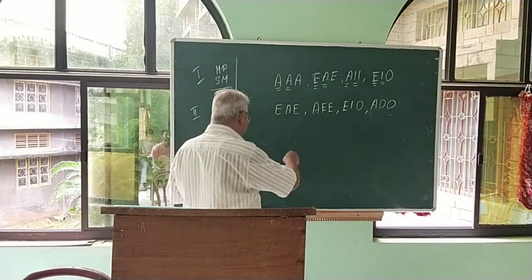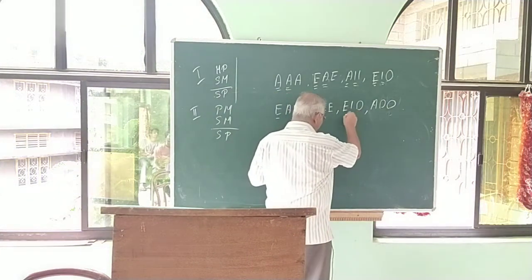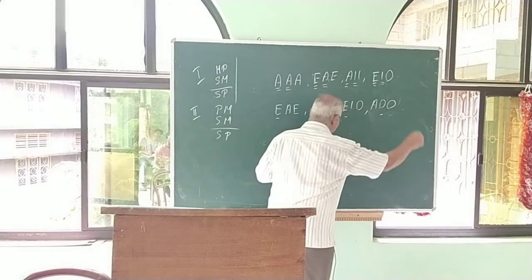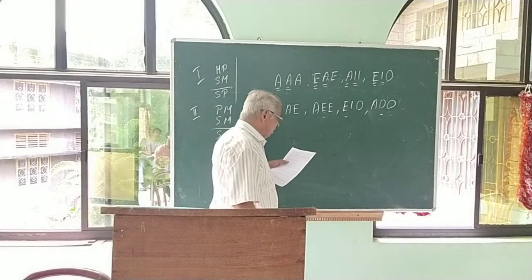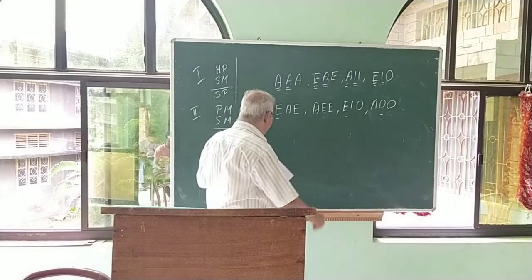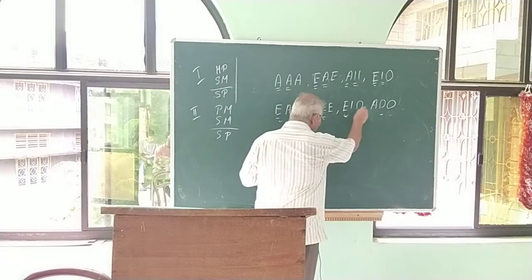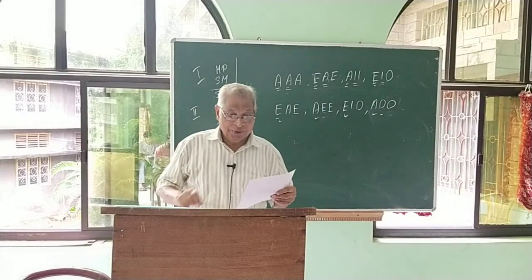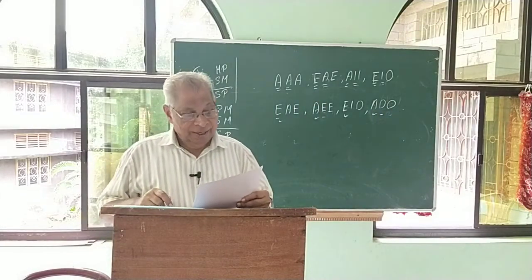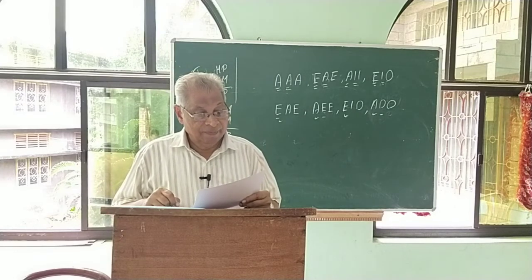One premise must be negative: this is negative, this is negative, this is negative, and this is negative. And the major premise must be universal: this is universal, this is universal, this is universal, this is universal. So both the rules are found realized in the case of the second figure as well.